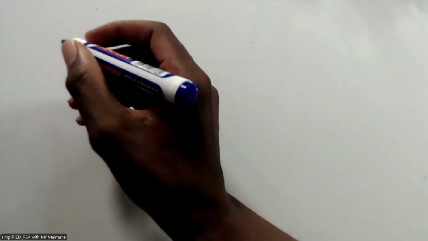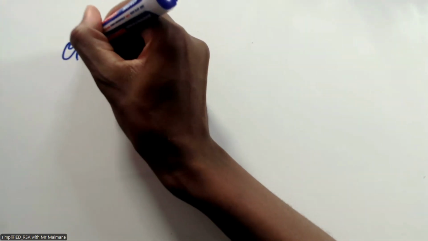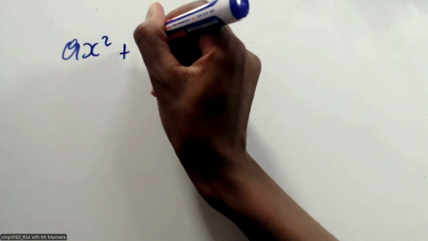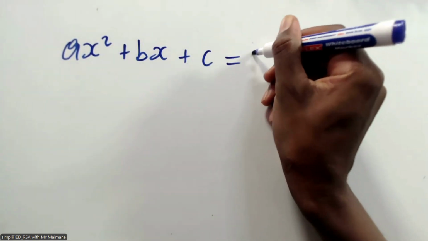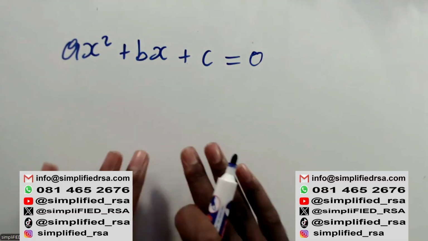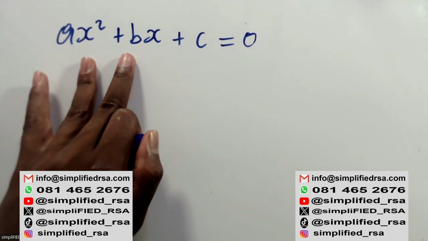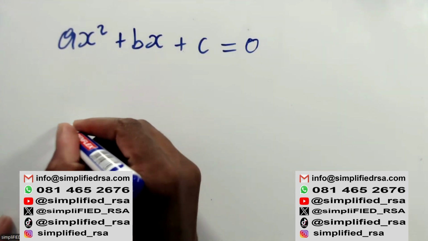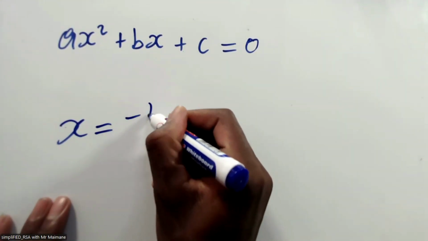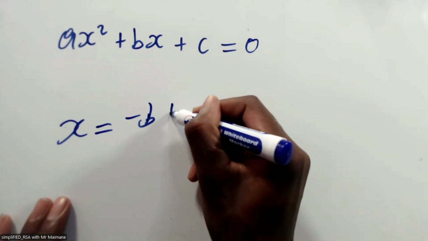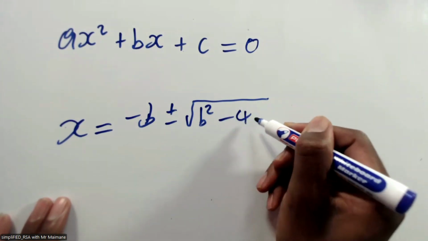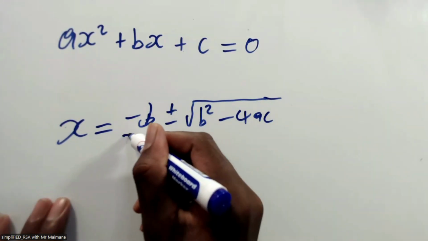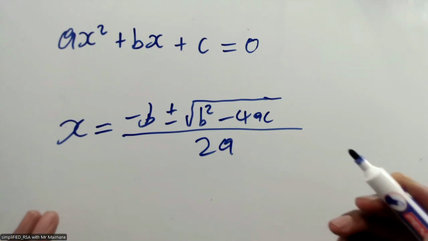Normally, from the quadratic equation, suppose we have ax squared plus bx plus c equals 0. The roots of this equation, which is the solution, would be x equals minus b plus or minus the square root of b squared minus 4ac, all over 2a.